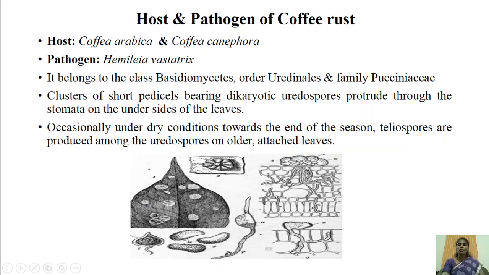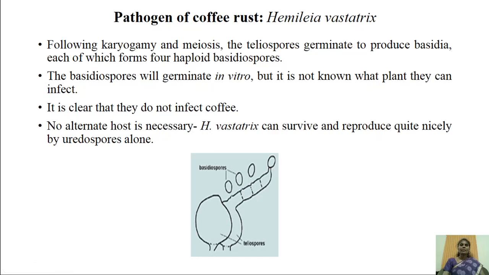These uredospores, on detachment, when they fall on another new host plant, are going to infect it by producing a germinating hypha.